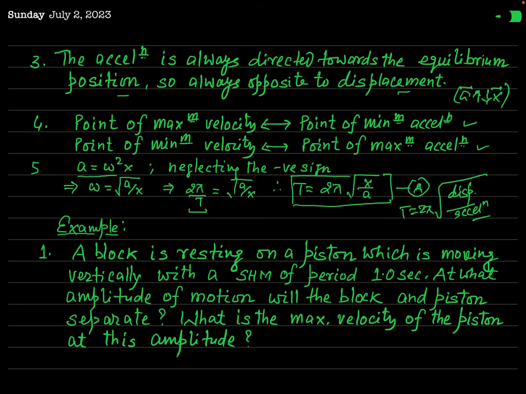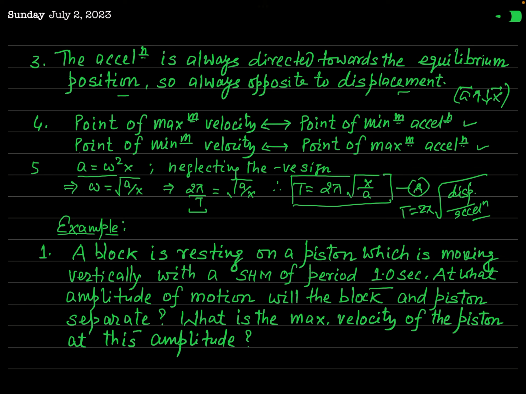The problem says: a block is resting on a piston which is moving vertically with a simple harmonic motion of period 1.0 second. At what amplitude of motion will the block and the piston separate?